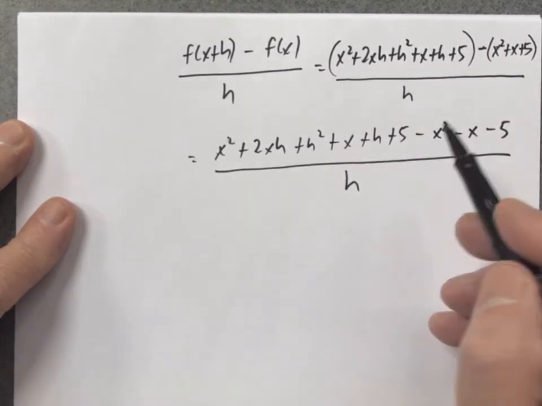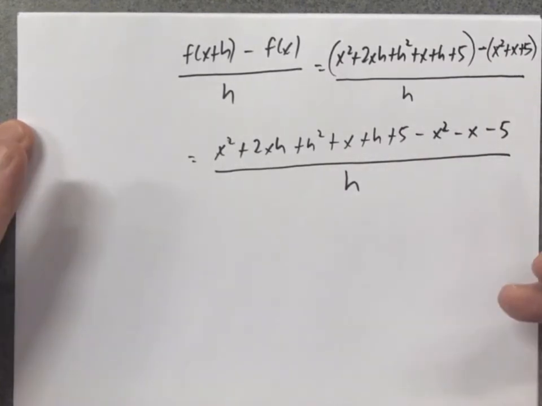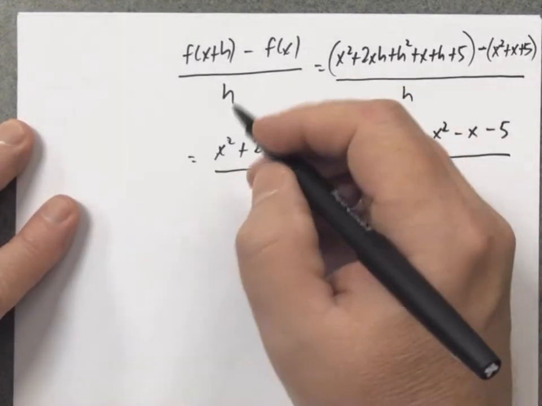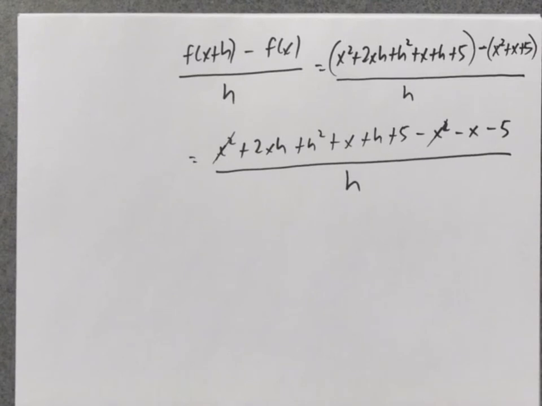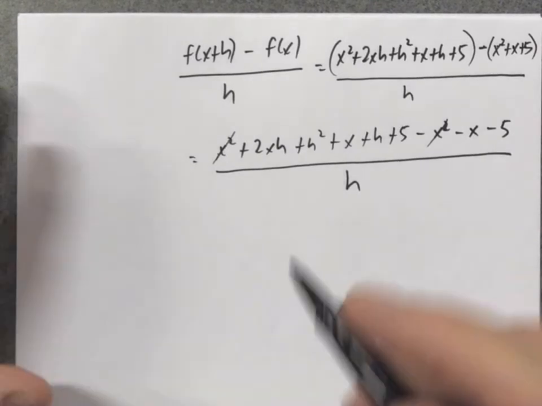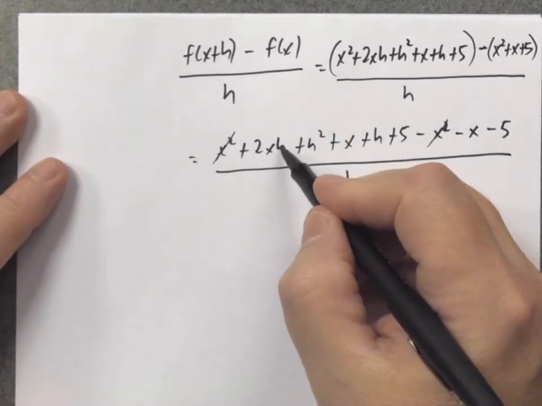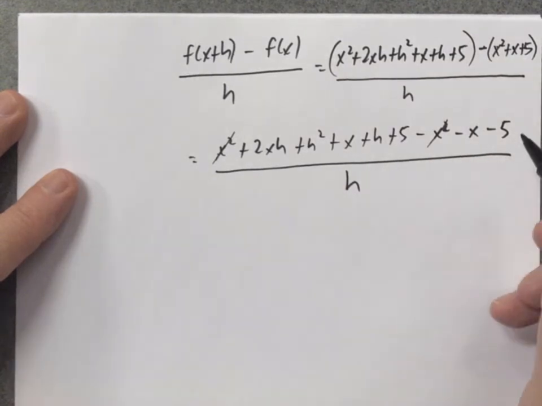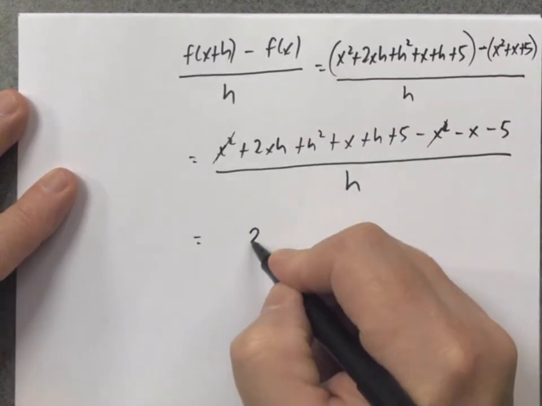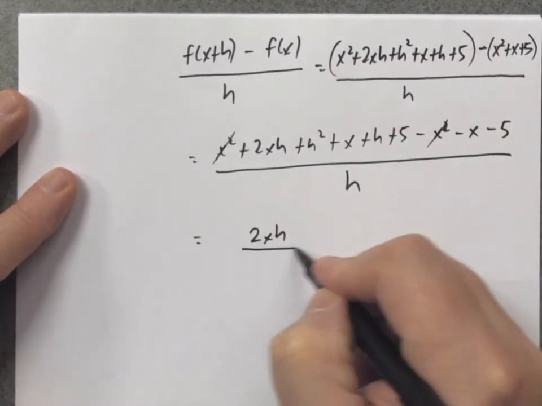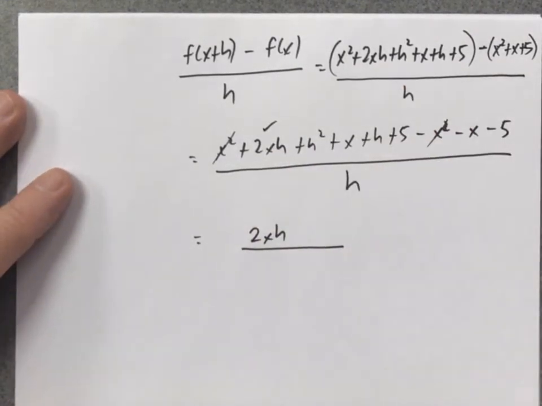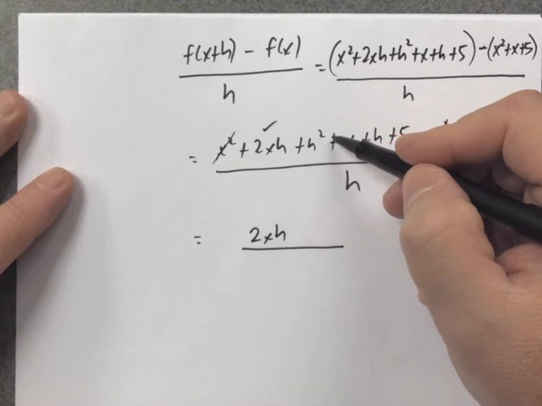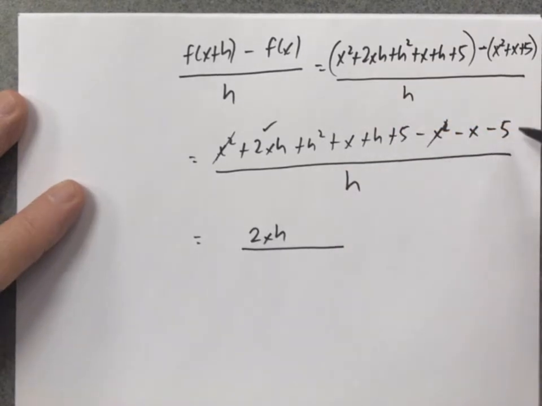So what's x squared minus x squared? They cancel out at 0. So normally what you do is you just sort of mark those out because they cancel out. Next, I have 2xh. I don't have any more of those. So I go ahead and write 2xh. I sort of check it just to keep track of things. Here's an h squared. Any other? Nope.